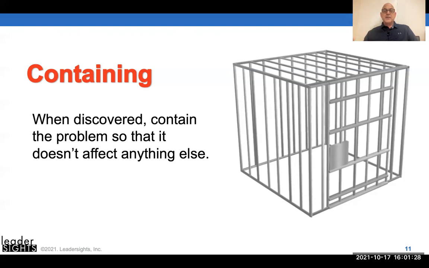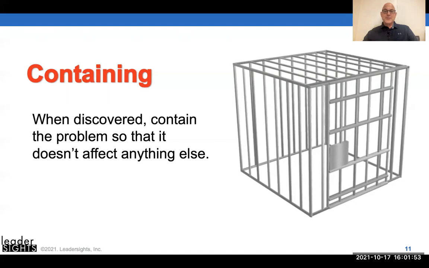We typically see this much more in manufacturing than you might in any kind of service, but what Domino's did with pizza delivery, they put a containment process in place to make sure that a bad pizza order never gets to the customer. So they double check and triple check and quadruple check, and sometimes it still doesn't work.